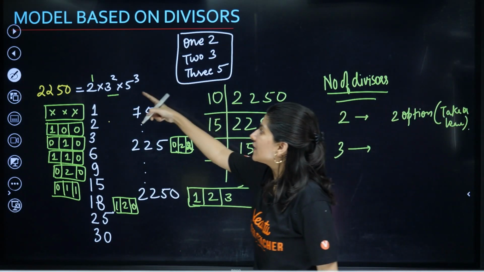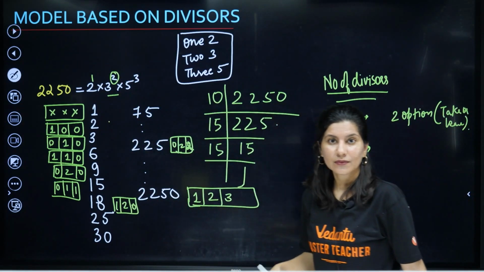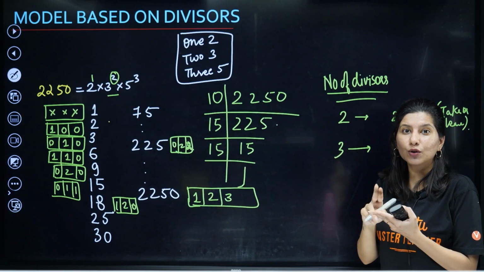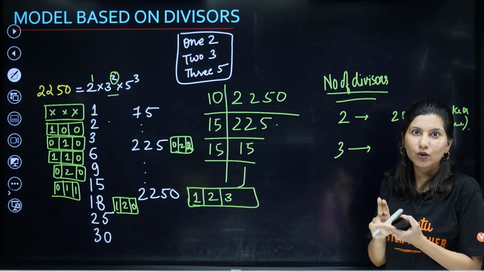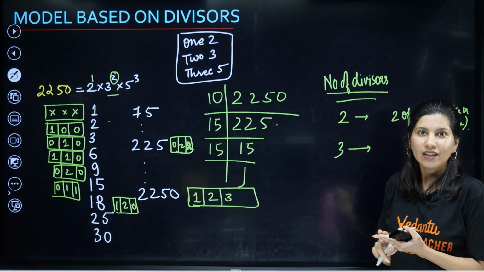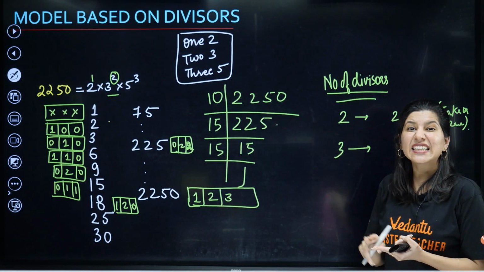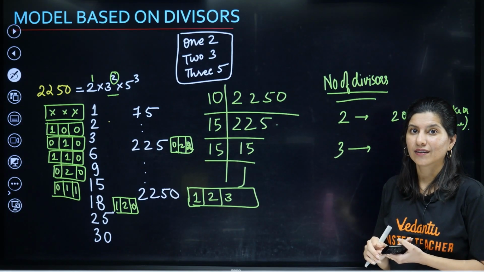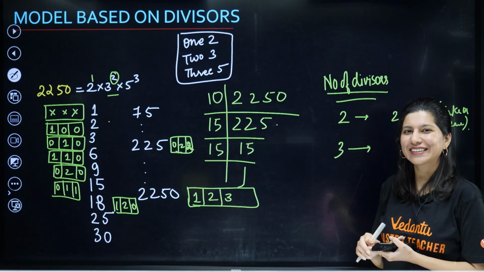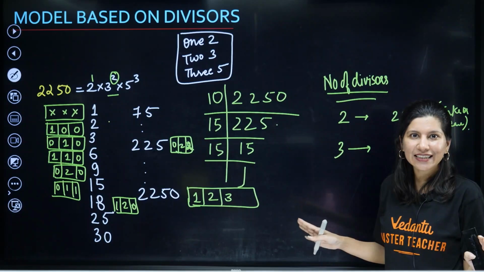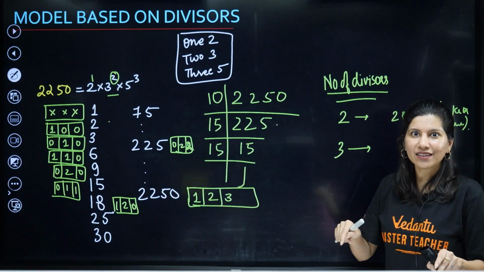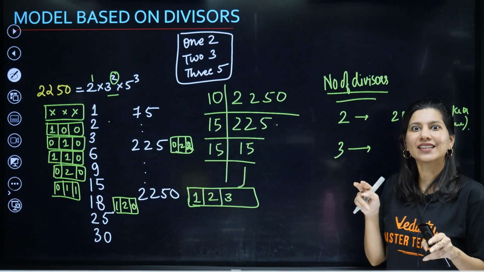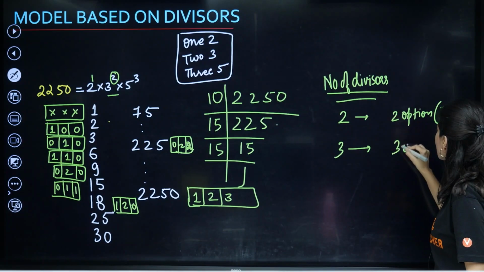So the power of 3 is 2. So 2 identical things can be taken in 3 ways. Either you do not take that 3, or you take that 3 once, or you take that 3 twice. So there are 3 options.